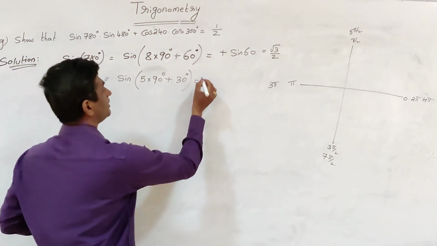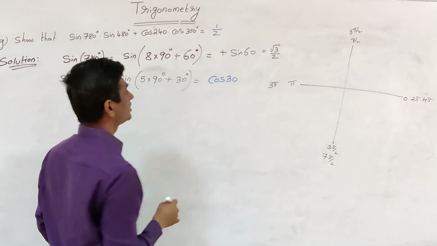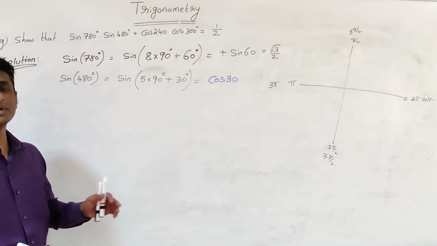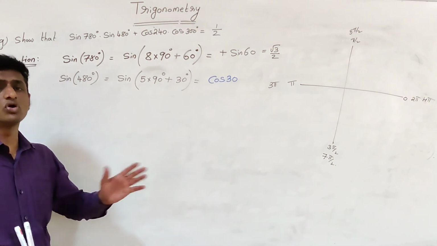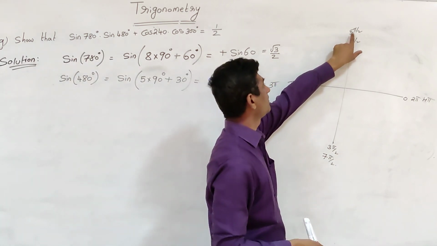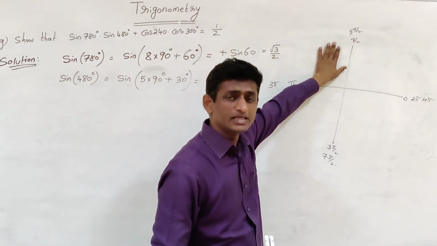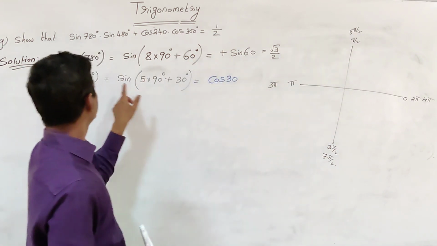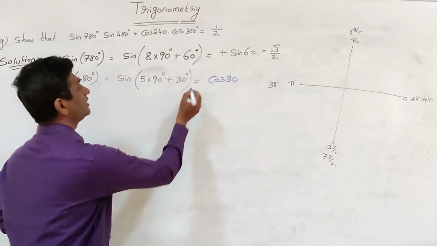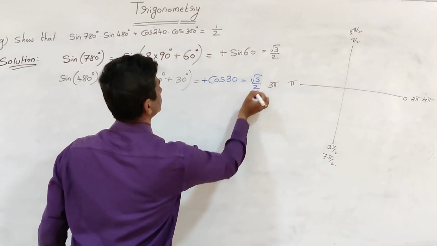So sine changes to cos 30. But is it plus cos 30 or minus cos 30? It depends upon the quadrant in which the angle lies. 5 times 90 means 5 pi by 2. It lies on the positive y-axis, plus 30 means it is in the second quadrant. In the second quadrant, sine has a positive sign. So it will be plus, and cos 30 will be root 3 by 2.